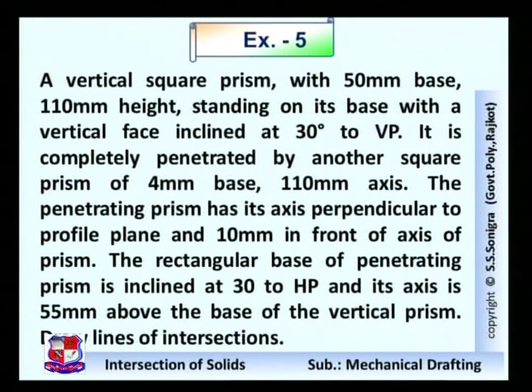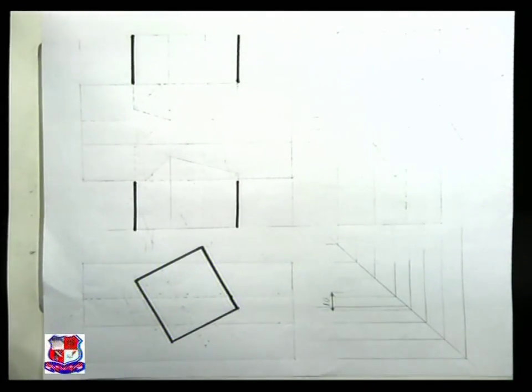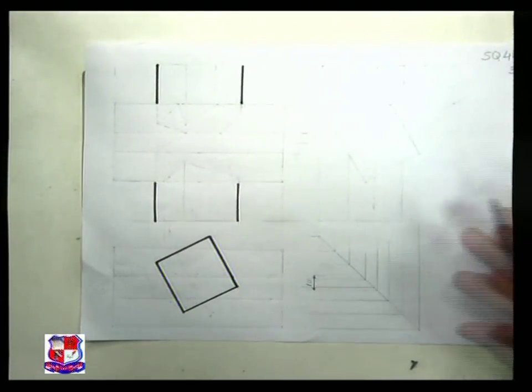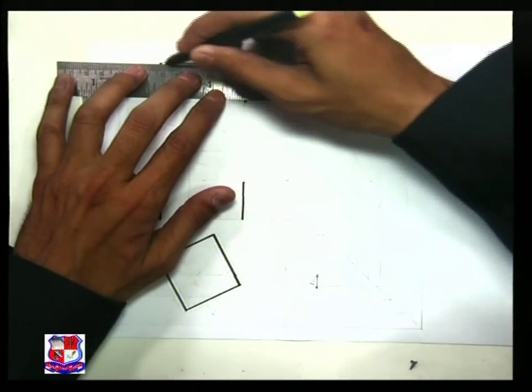So here two square prisms are given to us. A vertical square prism in which the sides make an angle of 30 degrees with VP. So first we have to draw a square prism such that its sides make an angle of 30 degrees with the horizontal plane like this. This is the square prism as per the given data.